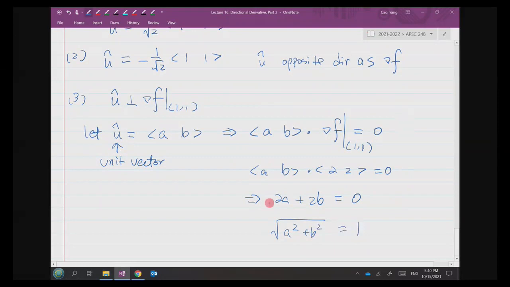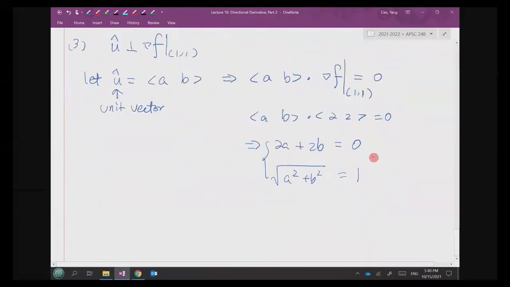And of course, this is equivalent to 2a + 2b equal to 0, and a squared plus b squared equal to 1. Unfortunately, this is not a set of linear equations. You've got one linear, one nonlinear, but substitution still works.